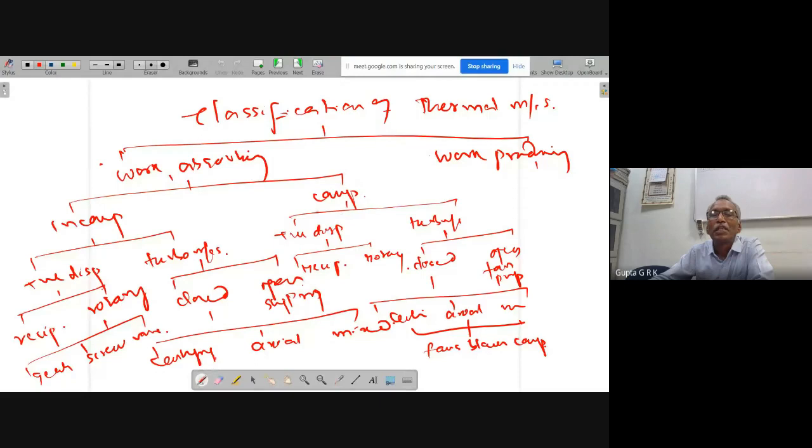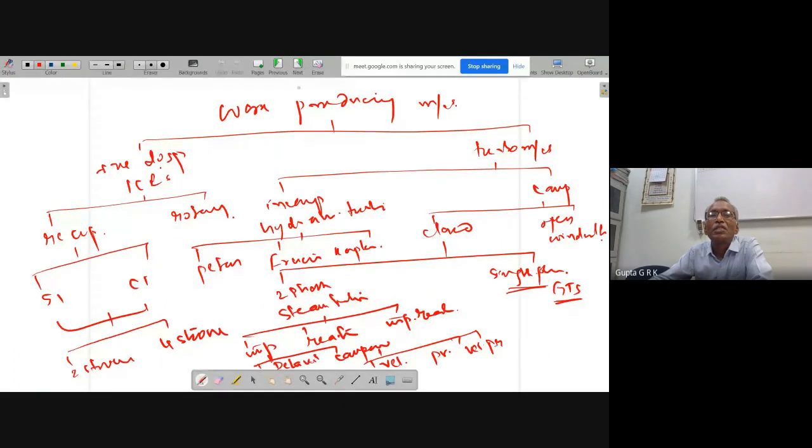On the compressible side, we have positive displacement and turbo machines. In the positive displacement, we have reciprocating and rotary. In the turbo machine, we have closed and open, which is fan and propeller, that is aircraft propeller. And in the closed, we have centrifugal, axial, and mixed. Here there can also be another classification, fans, blowers, and compressors. This is on the work absorbing side.